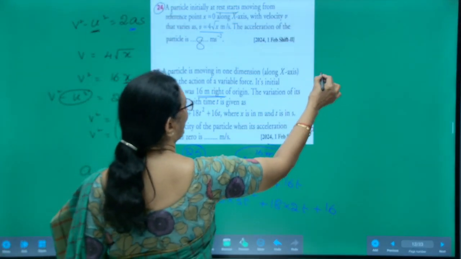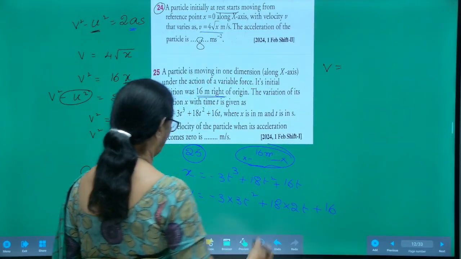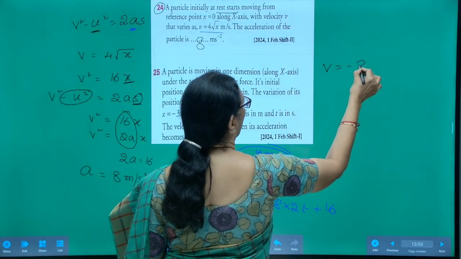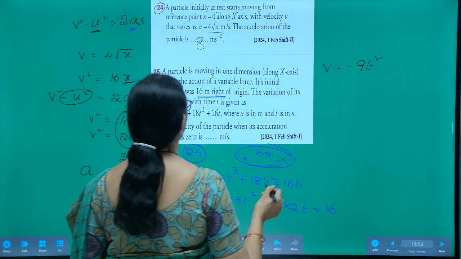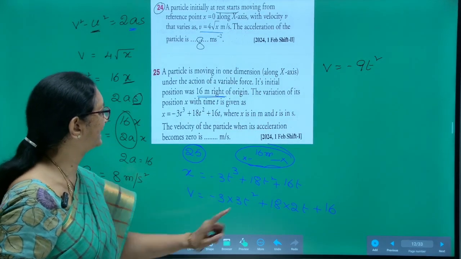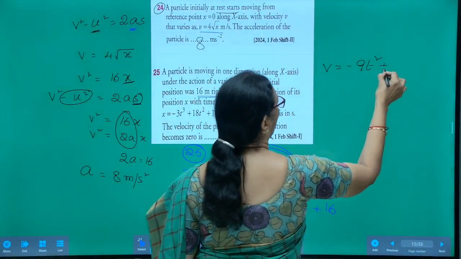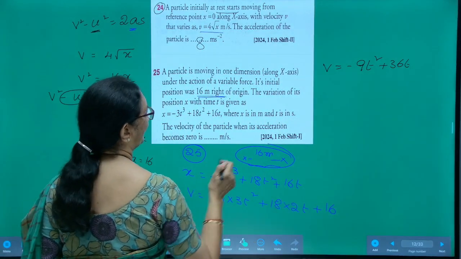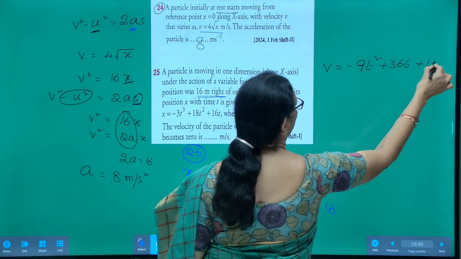So velocity is equal to minus 9t square plus 36t plus 16.